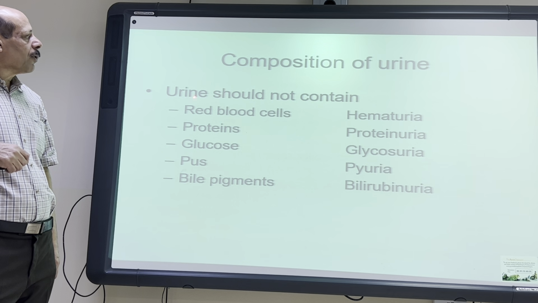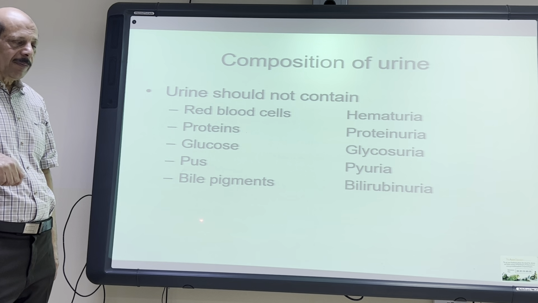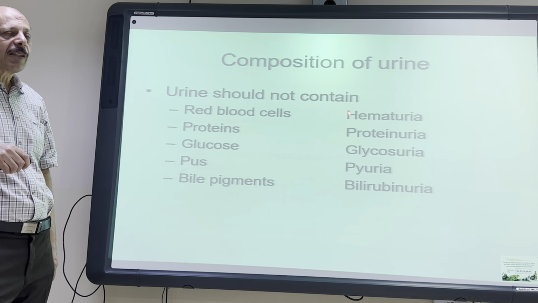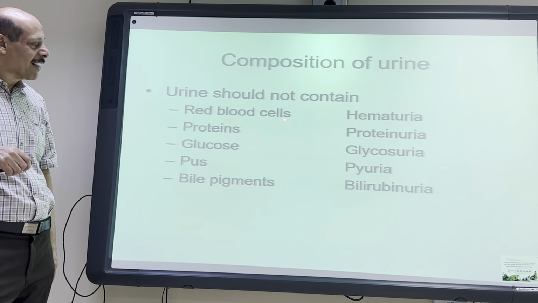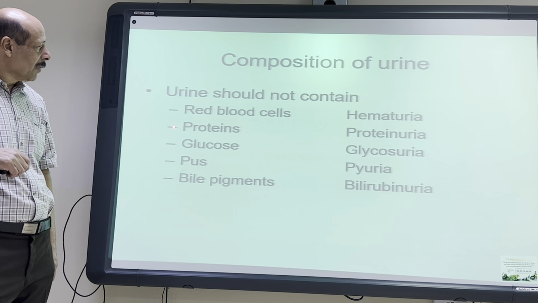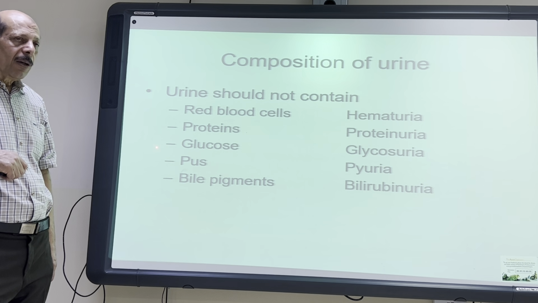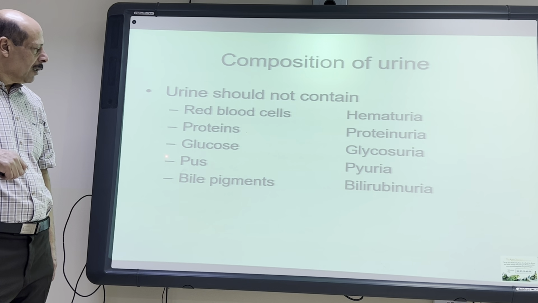The composition of the urine should not contain the following. The urine is free from red blood cells. Red blood cells should not be there. Protein also is not there. Glucose, pus.